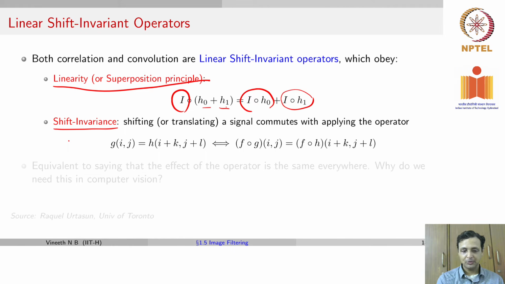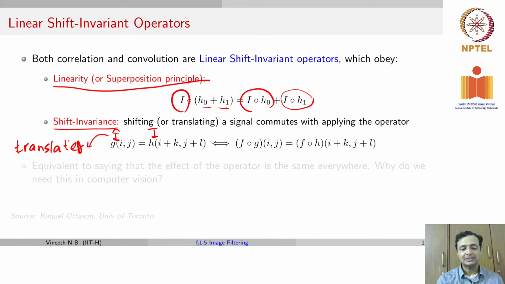Let me try to explain this slightly differently. This is the general definition here, but if you had H to be a certain image I and G to be a certain image I hat, your I hat is simply a translated version of your I. Why is it a translated version?